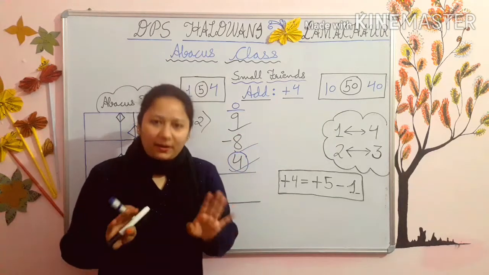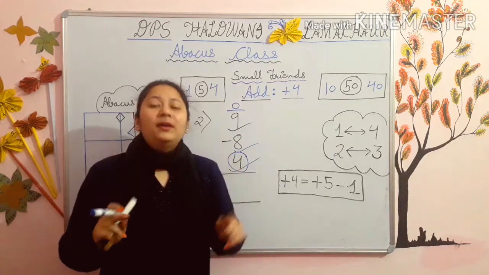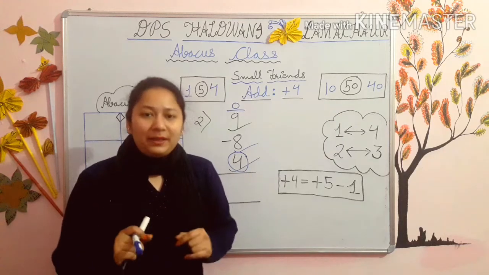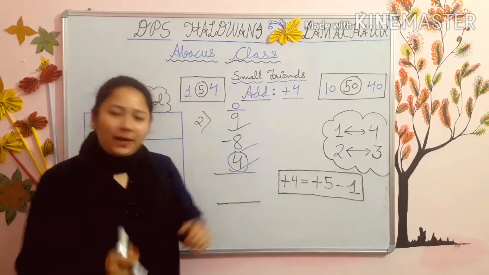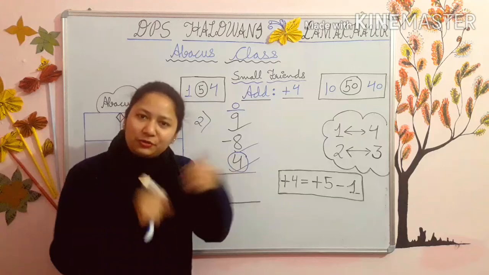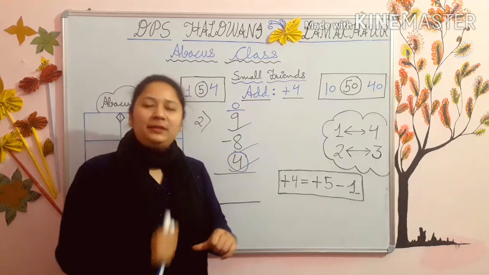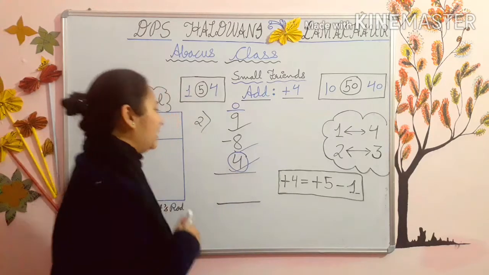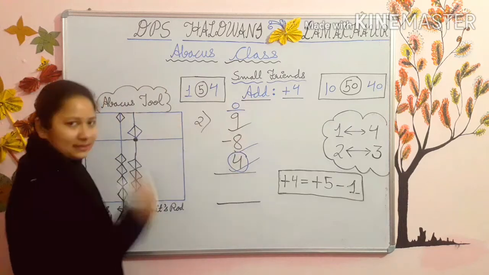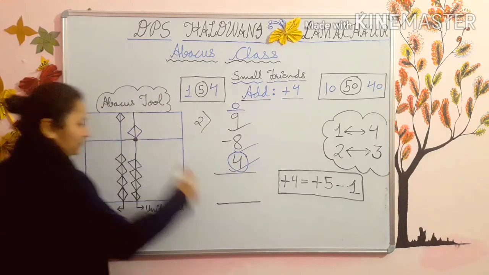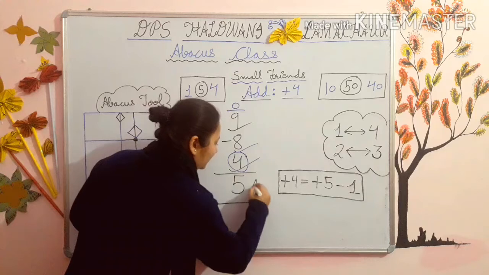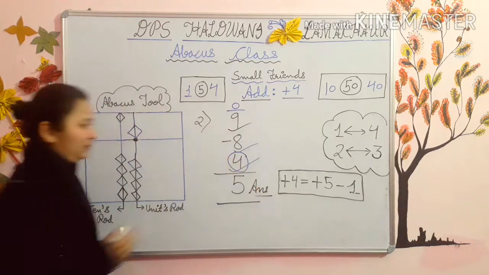Nothing you have to do after it. For practicing it properly, just play my video and put the tool in front of you and do with me. It's the best method to learn abacus. Now, we have completed this sum. Now count the beads. It's 5. And this is your answer.